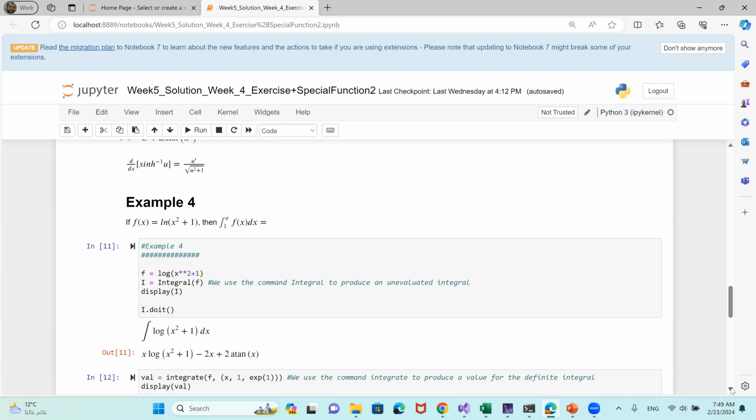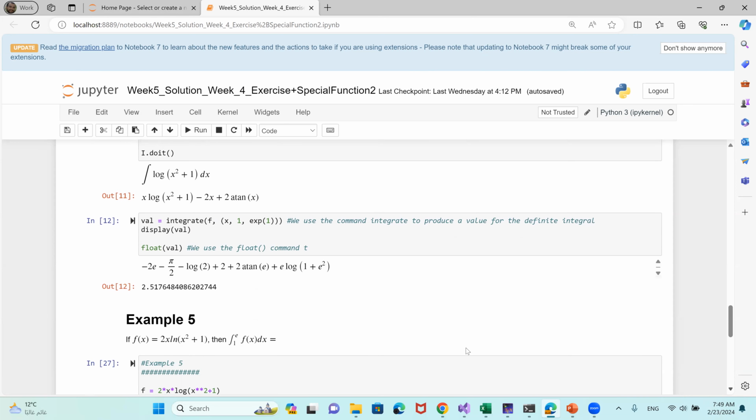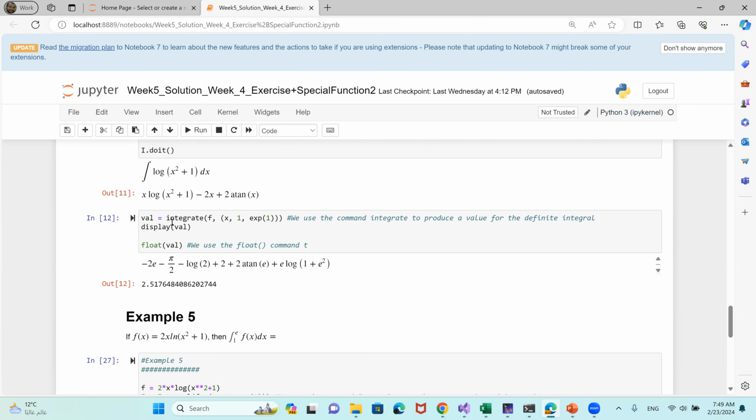Then we evaluated this integral using the lowercase integrate from 1 to e of f. We display the value, and then we asked for a more precise numerical value using the float command.